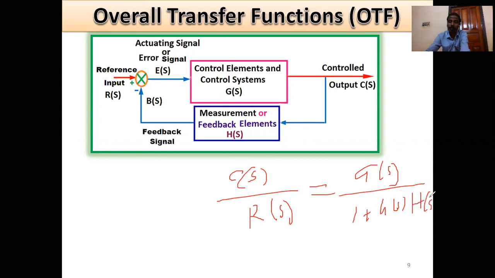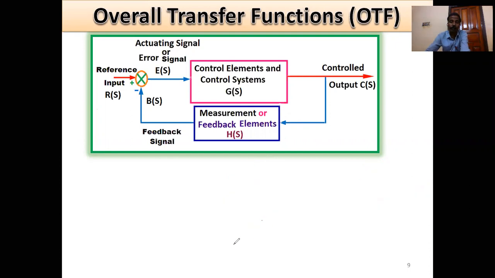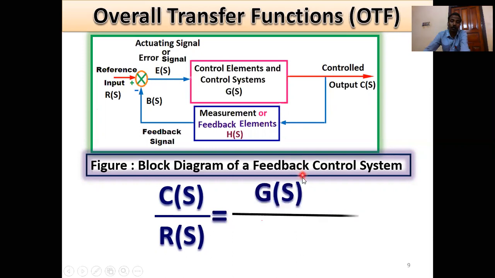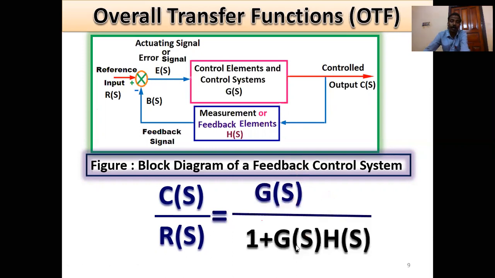So C(S) divided by R(S), overall output divided by reference input, equals G(S) divided by 1 plus G(S)H(S), where G(S) equals the control system gain and H(S) equals the measurement or feedback element gain. When H(S) equals 1, that means the feedback path gain equals 1, then C(S) by R(S) equals G(S) by 1 plus G(S).